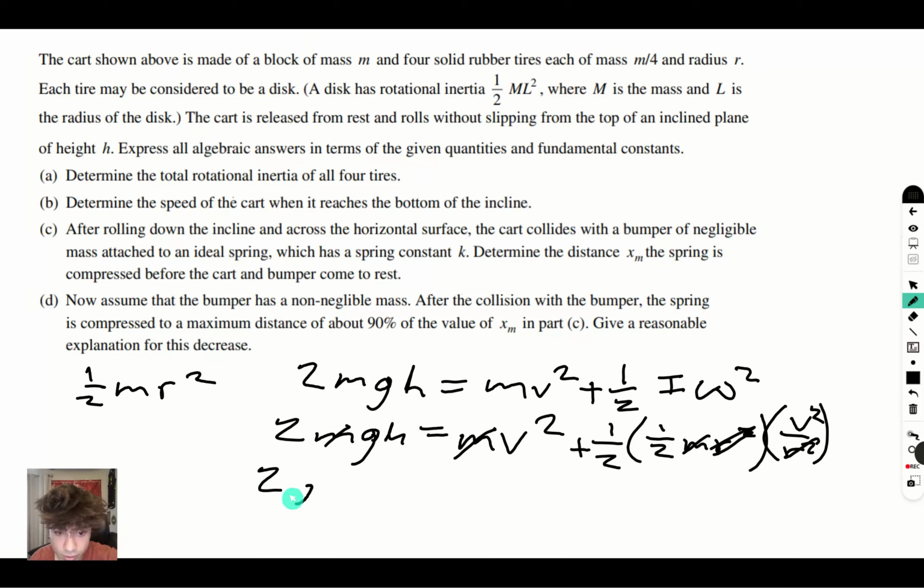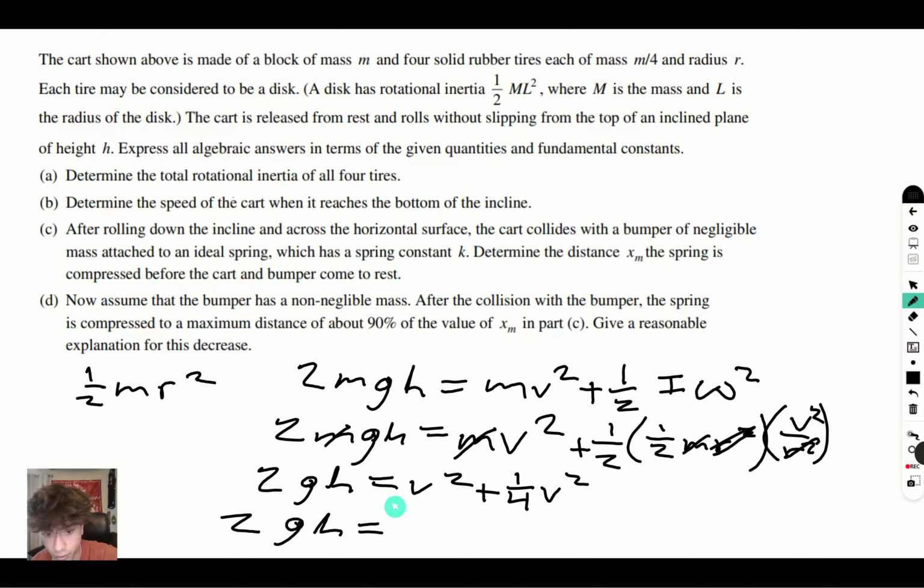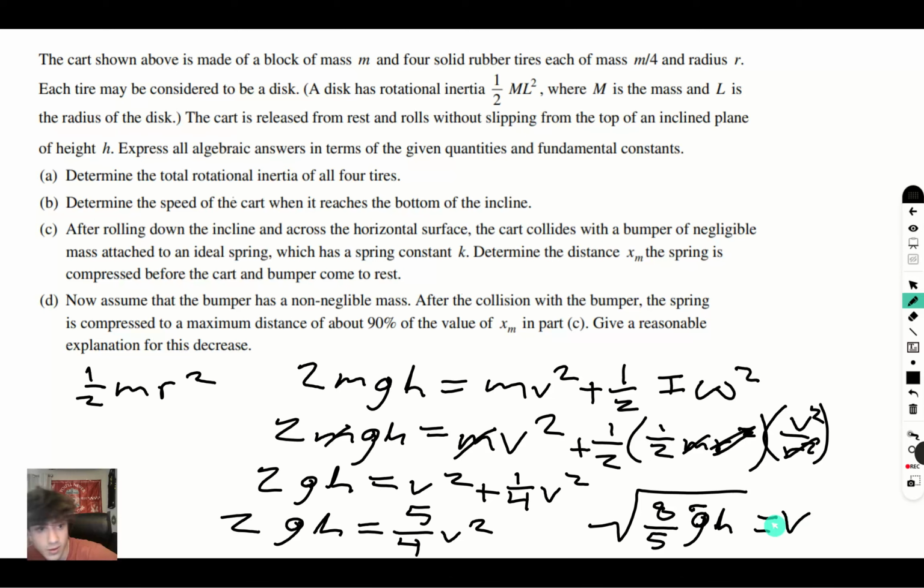So we get 2gh is equal to v squared plus 1/4 v squared. So 2gh is equal to 5/4 v squared, and therefore 8/5 gh is equal to v squared, so the square root of 8/5 gh is going to be equal to our velocity.